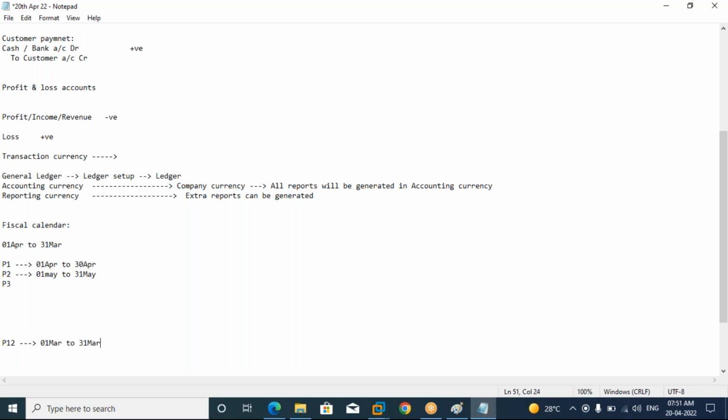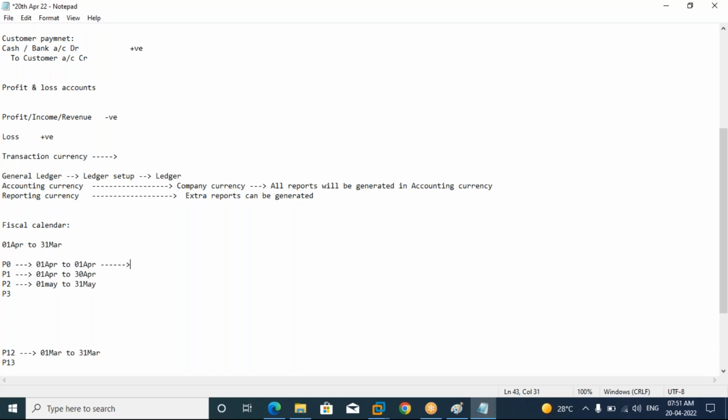Agree? Yes. Now in the system you will find two more periods, period 0 and period 13. Period 0 is for opening balance, so it will be 1st April to 1st April.